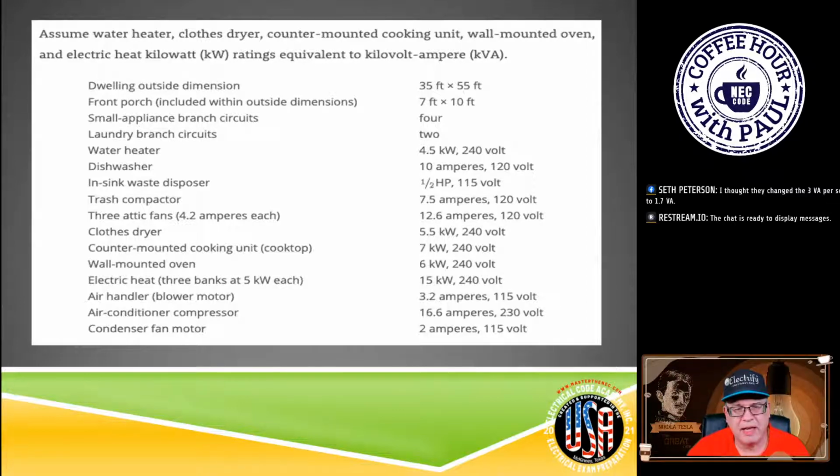We have electric heat. We have 3 banks of separate heating, it's in line with the air handler, but this is separate heating, which is 3 banks of 5 kW each. Okay, so 3 separate banks of 5 kW. And we'll look at different ways that we might look at this so they can help you depending on what your situation is, whether you're dealing with a heat pump, supplemental heat, baseboard heat, or in this case, 3 separate banks.